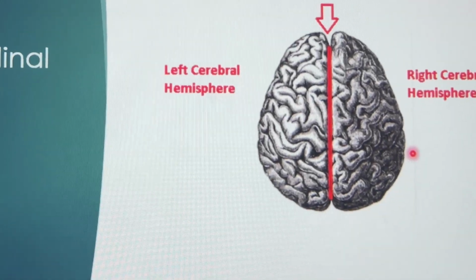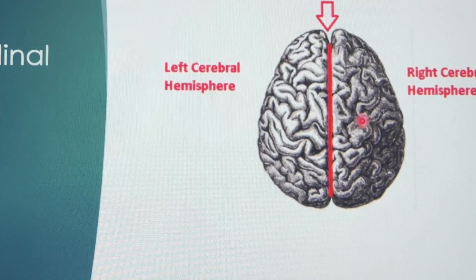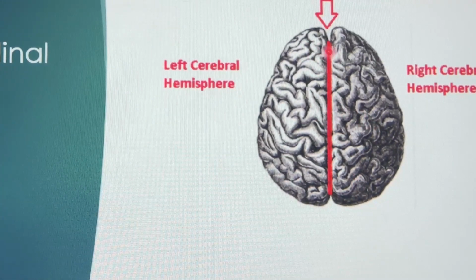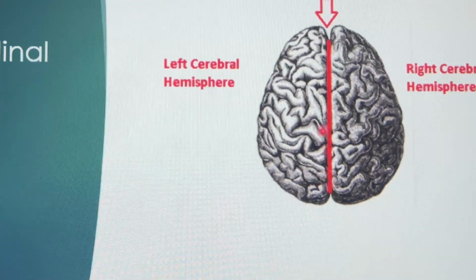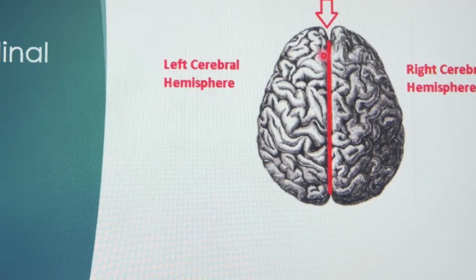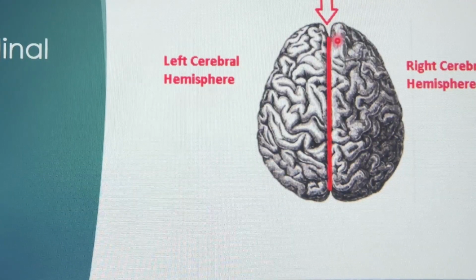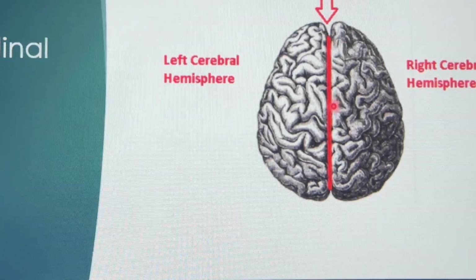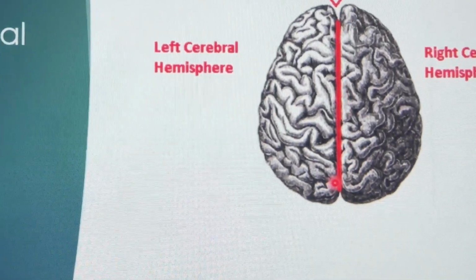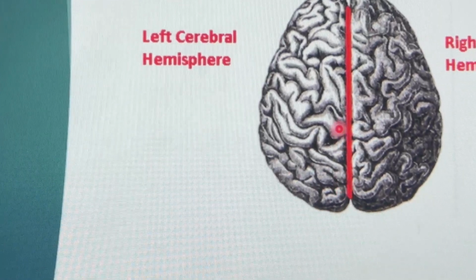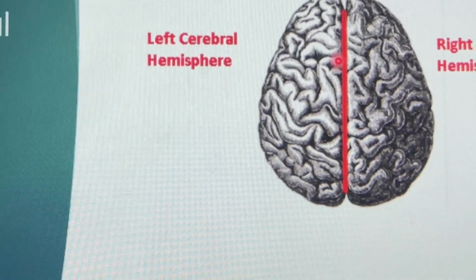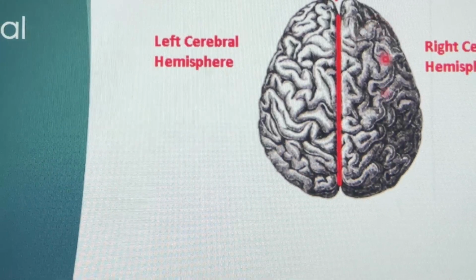In the superior part, the superior sagittal sinus runs from anterior to posterior. That's why we can see that the sagittal sinuses are slightly narrower anteriorly and get wider posteriorly. This is the direction of venous flow in the brain, always from anterior to posterior.